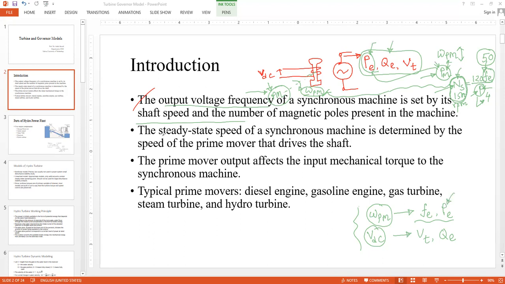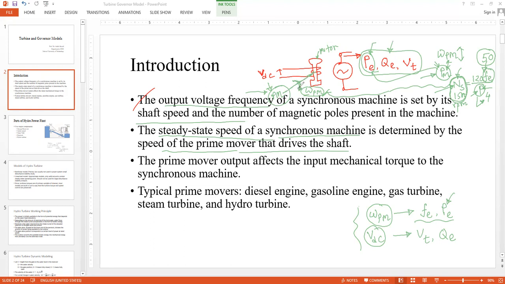The steady state speed, how do you get the steady state speed of the synchronous machine? You have to know the speed of the prime mover that drives the shaft. So the speed at which this rotor is moving at steady state is of course related to the speed of this shaft.